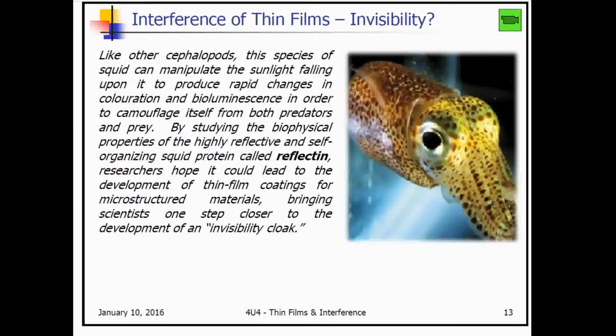We're going to get into some applications of thin films. One of them is Reflectin, which is a protein that's produced by cephalopods like cuttlefish, squids, and octopi. Reflectin can basically be used as an invisibility cloak.